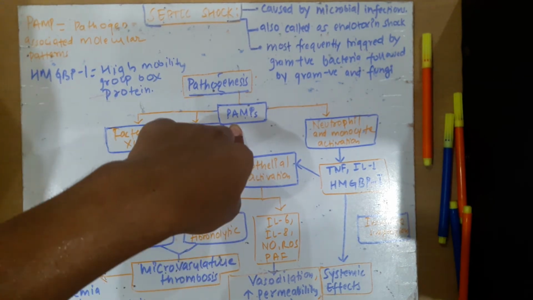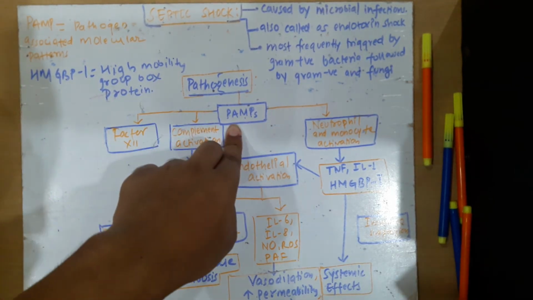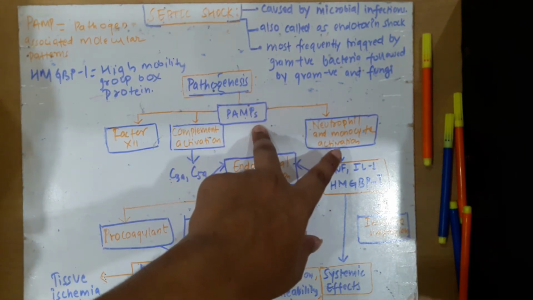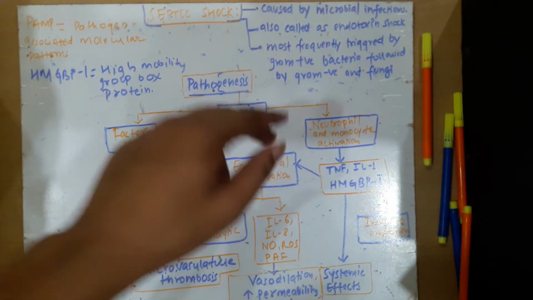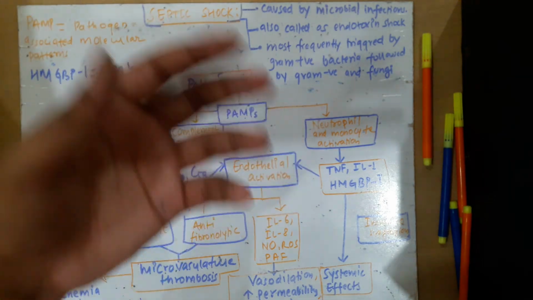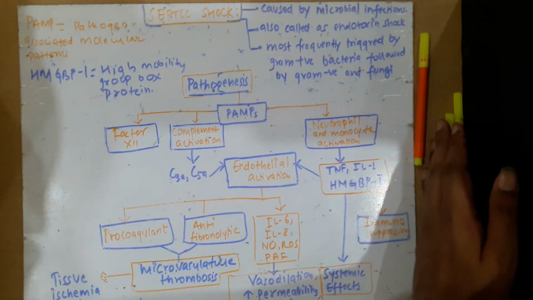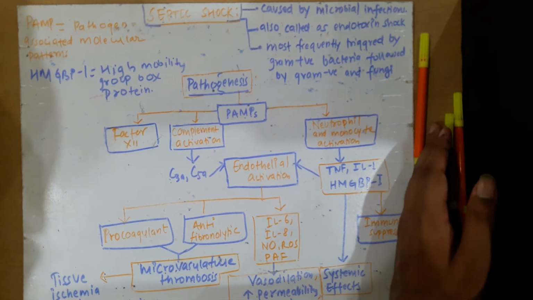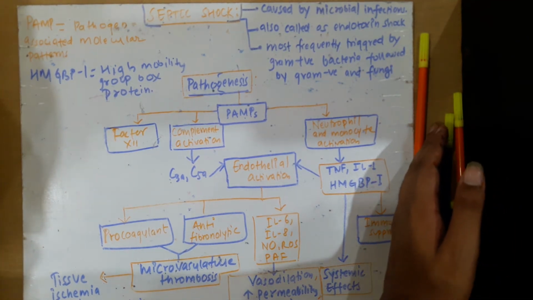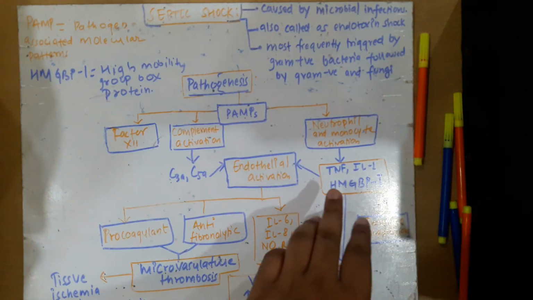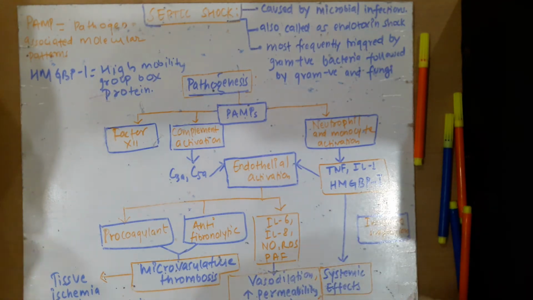Now activation of the immune cells, so neutrophil and monocyte activation, will cause the release of inflammatory mediators like tumor necrosis factor, interleukin 1, interferon gamma, interleukin 12, interleukin 18, and the one we mentioned here, high mobility group box protein 1, and various reactive oxygen species.